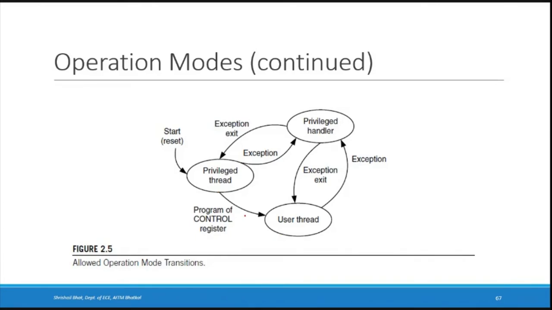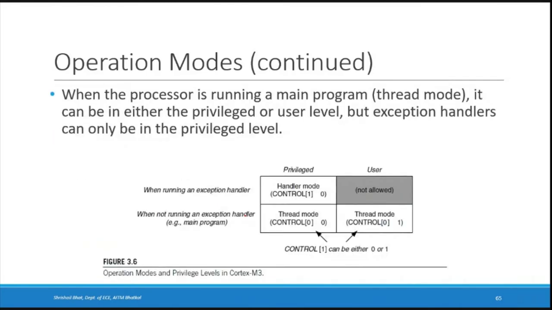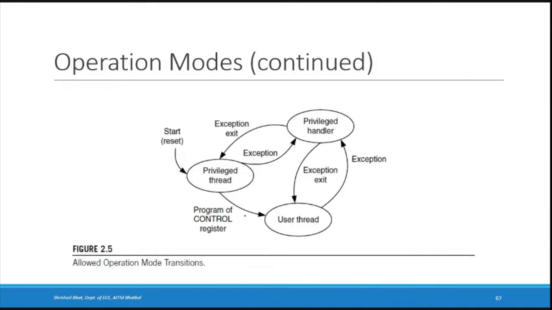If you change control bit 0 to 1, then the access level changes from privileged level to user level. So you can change from privileged thread to user thread by changing the control bit.